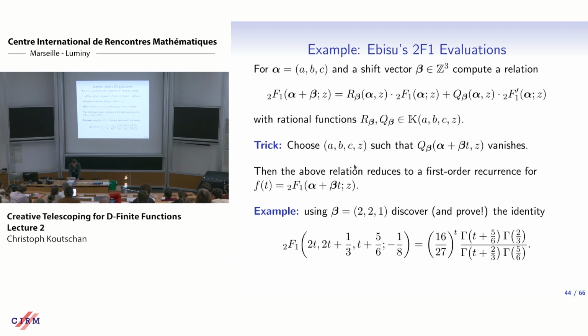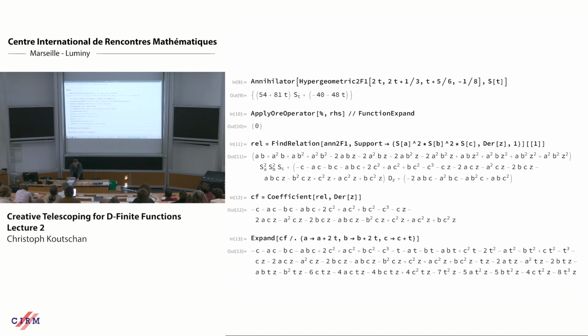So what we have done, that means we compute a recurrence for both sides of this identity. So for the right-hand side, this is very simple. So we define here the right-hand side. No, I did it differently. Okay, so I take the generic annihilator for hypergeometric a, b, c, z. I do the substitution.